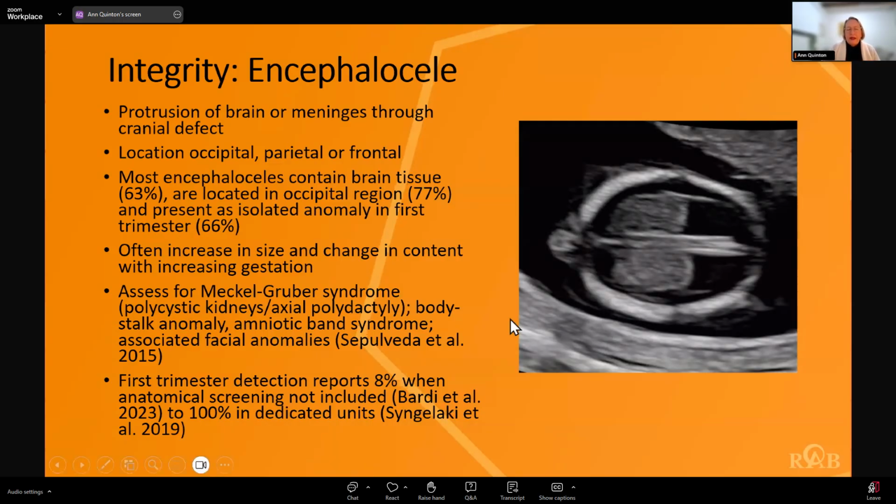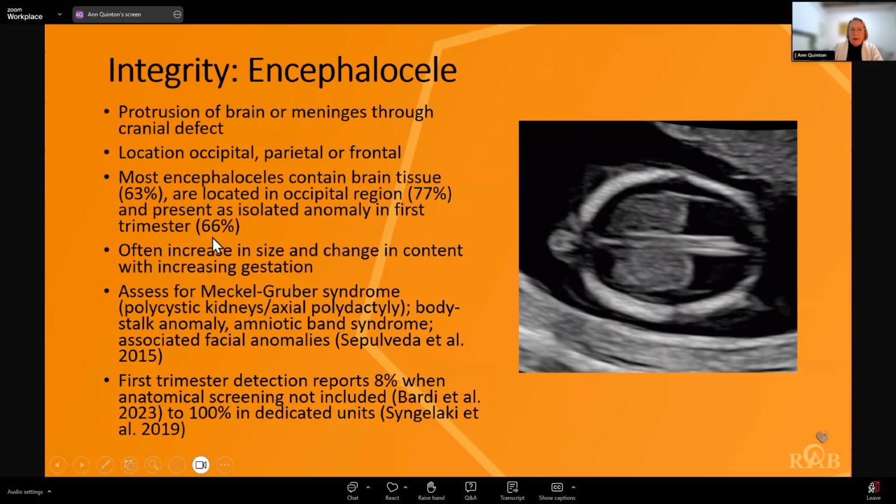Having said that, most encephaloceles are located in the occipital region, which we can see with this fetus here in this fetal brain. So about 3/4 of them, and we can see a little bit of brain tissue in that. And about 2/3 of encephaloceles in the fetus will contain brain tissue.